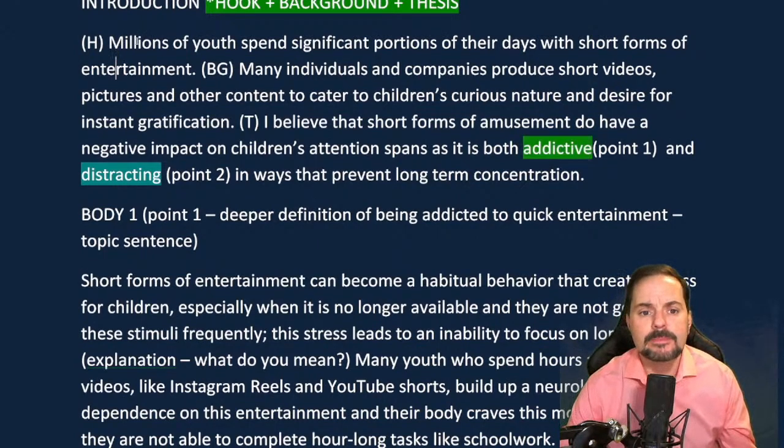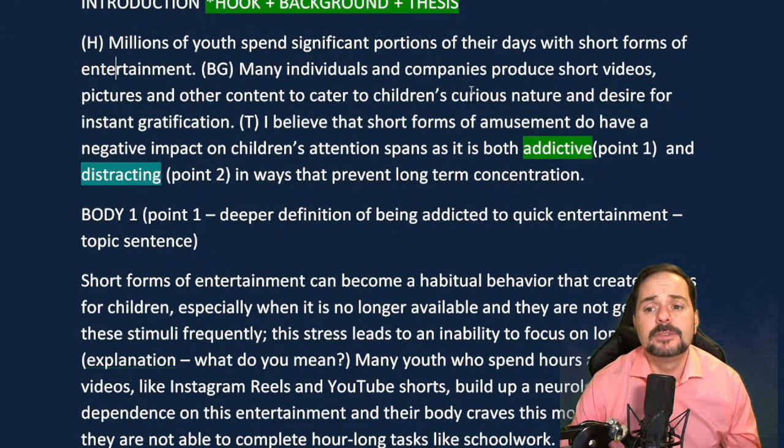So millions of youth spend significant portions of their days with short forms of entertainment. Many individuals and companies produce short videos, pictures, and other content to cater to children's curious nature and desire for instant gratification.